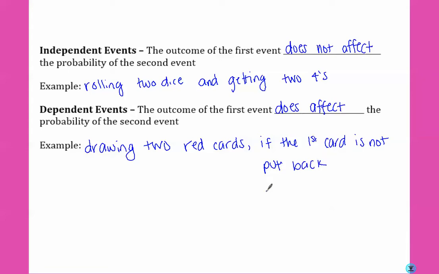So if we've got a big pile of cards, if we take one out and we get a red card, that's great, but the probability of getting the second red card is going to be different because there's one less card in the deck.